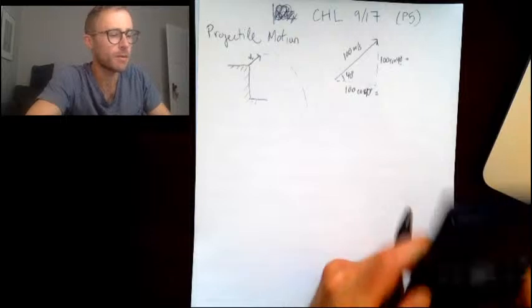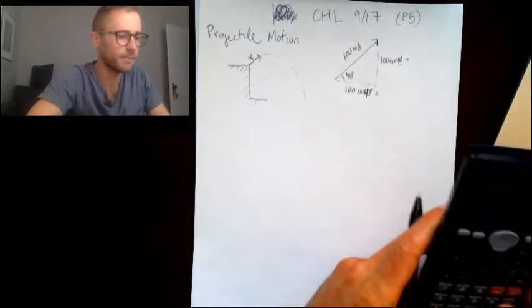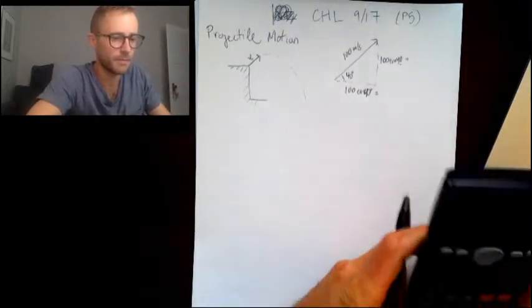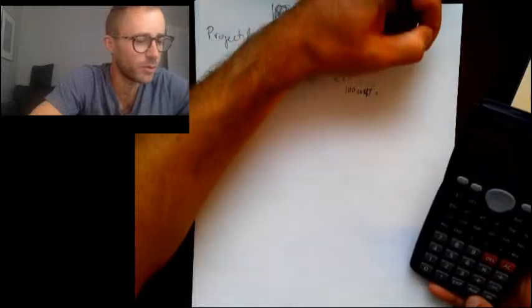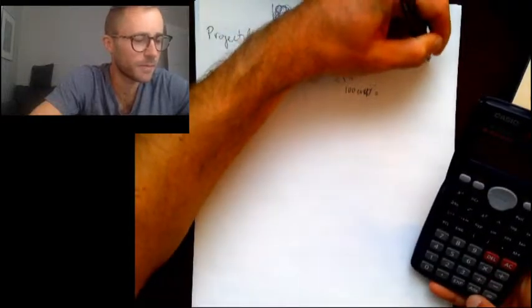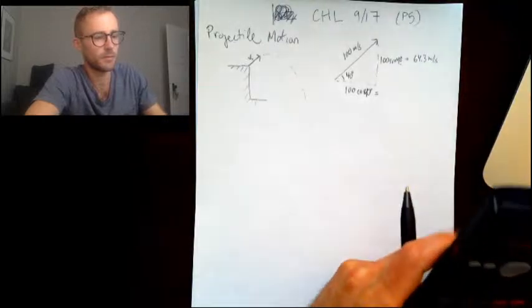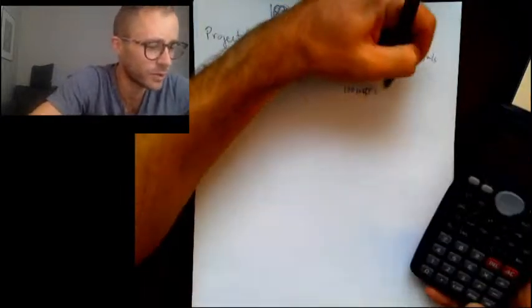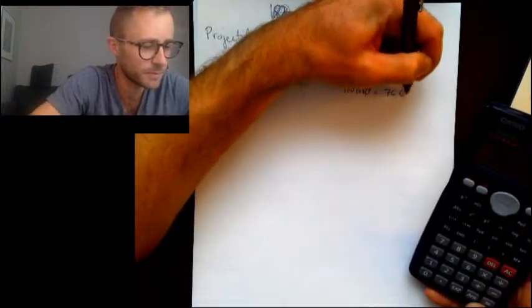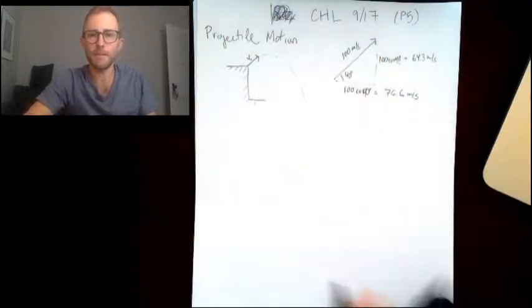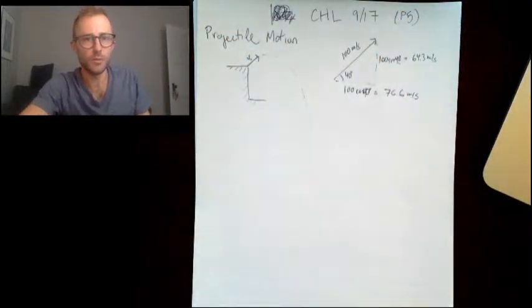Let me plug these into the calculator. The vertical component is 64.3 meters per second, and the horizontal one is 76.6 meters per second. Boom, there you go.